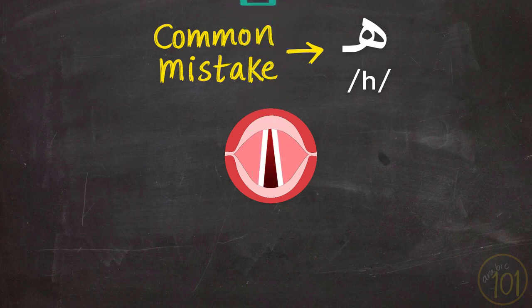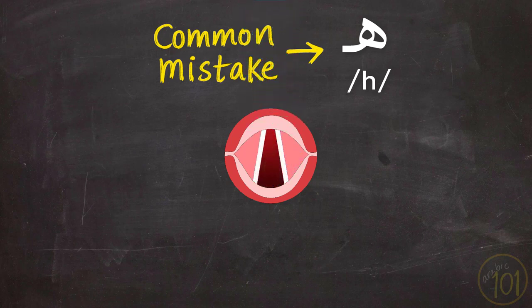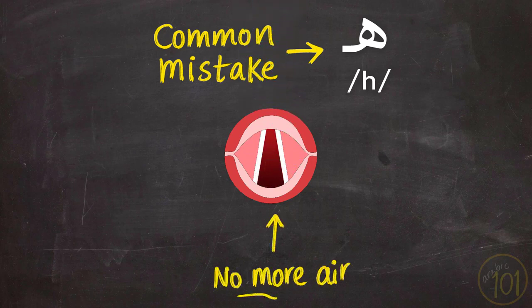The first and most common mistake with ha is when opening your vocal cords too widely. As a result, you will find yourself having to push more air out to force the friction to happen through the wider opening. And this in turn forces you to empty your lungs of air so that you can produce the sound. And eventually the sound of ha will still be very weak.